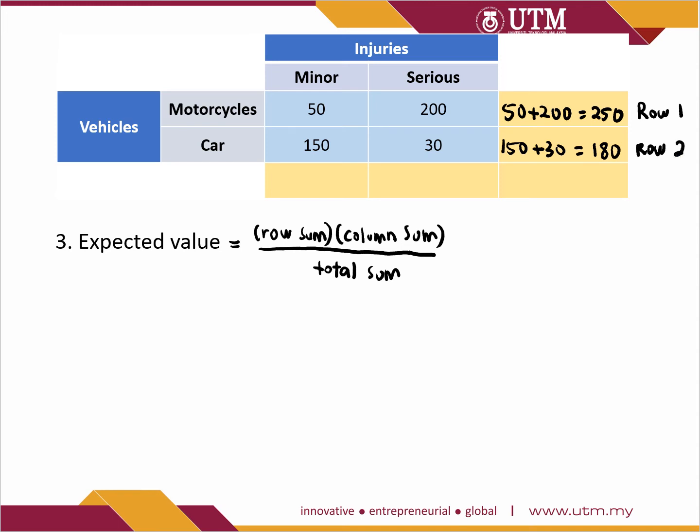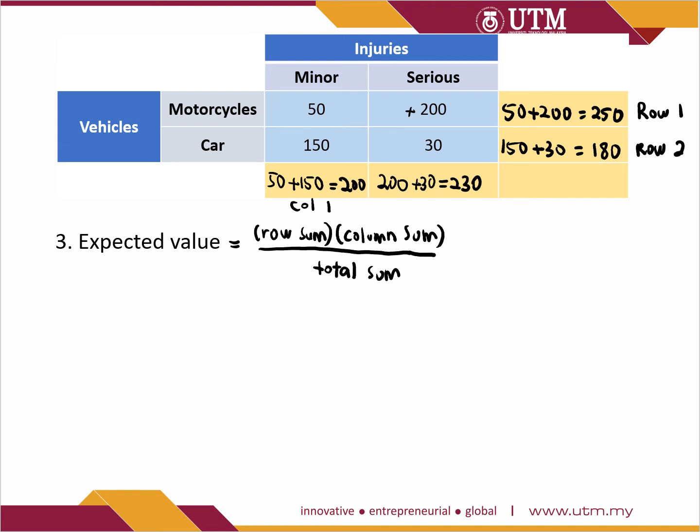For the column 1 sum, it is 50 plus 150, which is equal to 200. For the second column sum, it is 200 plus 30, so it will be 230.